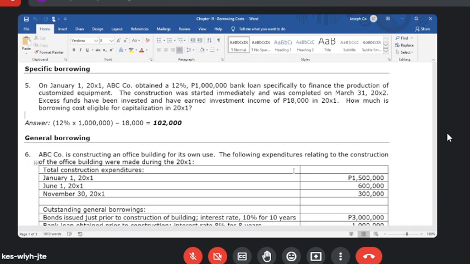Excess funds had been invested and have earned investment income of 18,000. How much is the borrowing cost eligible for capitalization? We have 1 million multiplied by 12% minus investment income. The capitalizable borrowing cost is 102,000.